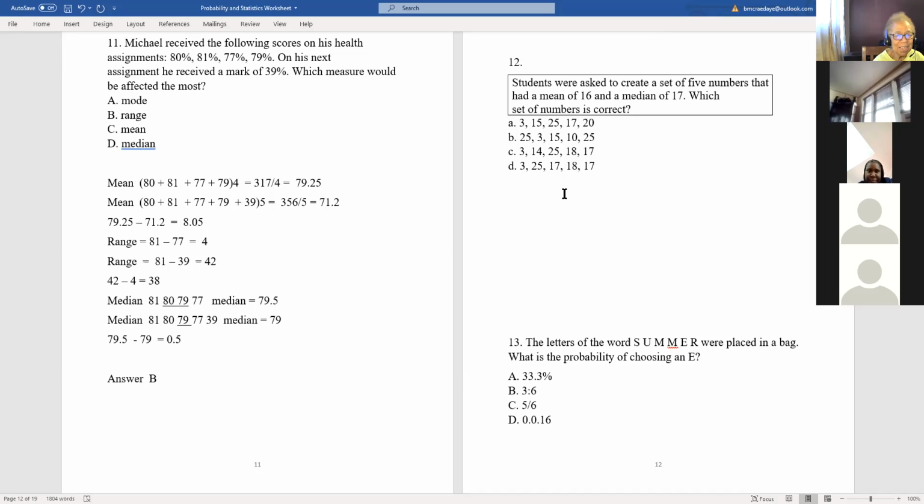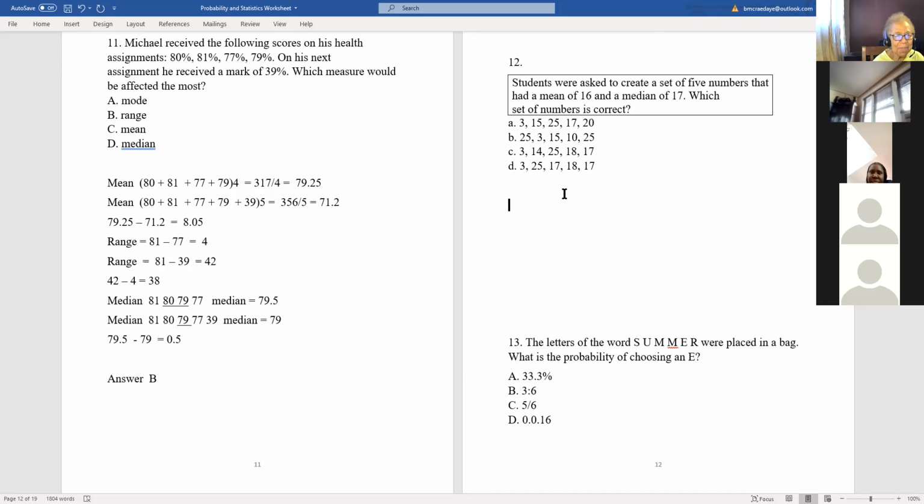Barbara, you said we have to find student test numbers that had a mean of 16 and a median of 17. Which set of numbers is correct? What we have to find is the one that has a mean of 16 and a median of 17.